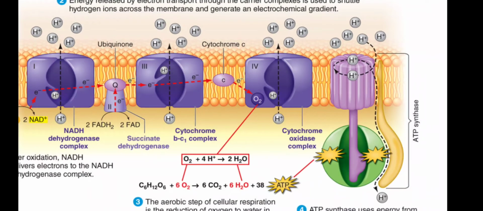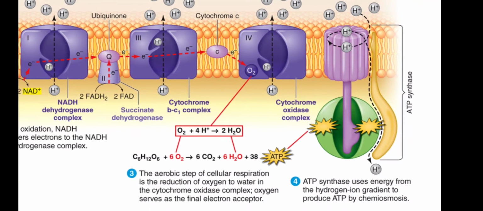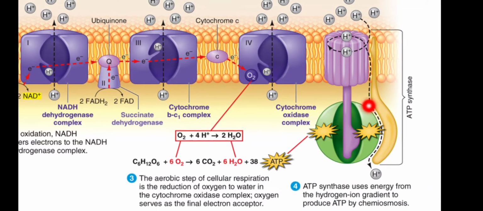So basically the cell utilizes that, with this ATP synthase. Here is the ATP synthase, and it actually rotates. It's a rotating motor, like a windmill or even a water mill.